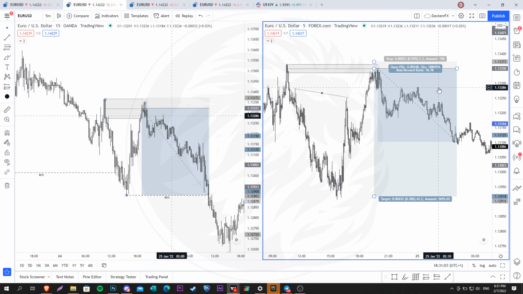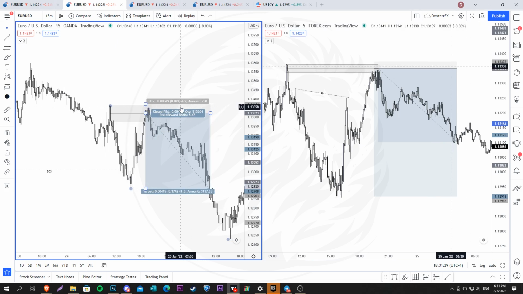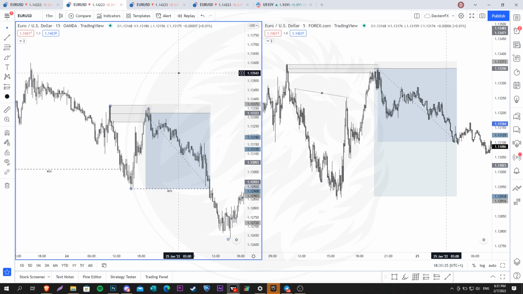As I told you at the start of the video, you can't refine a POI from a daily to 1 minute, because you will have many momentums here and you will not be able to find the right POI. So use it wisely, really create strict rules, and don't rush it. There is no need to rush it.